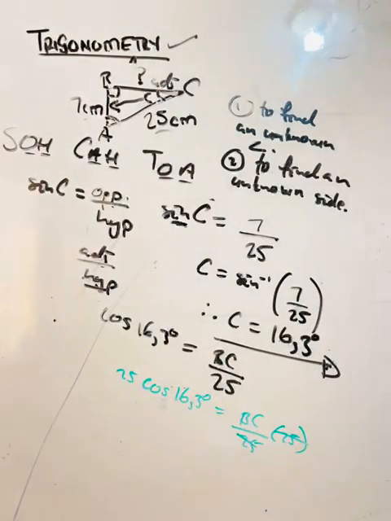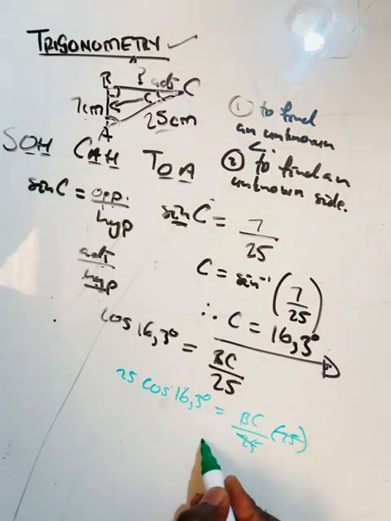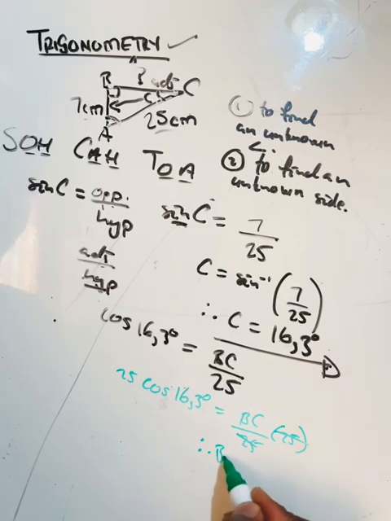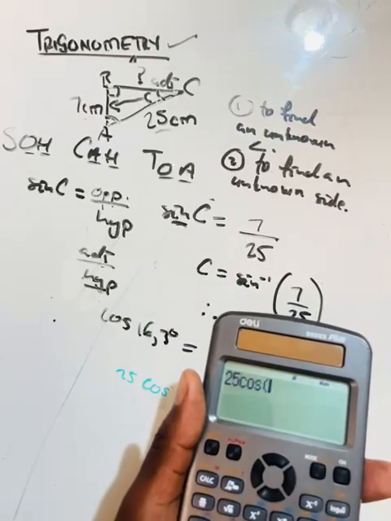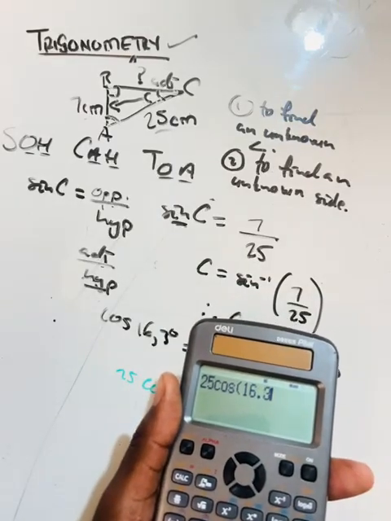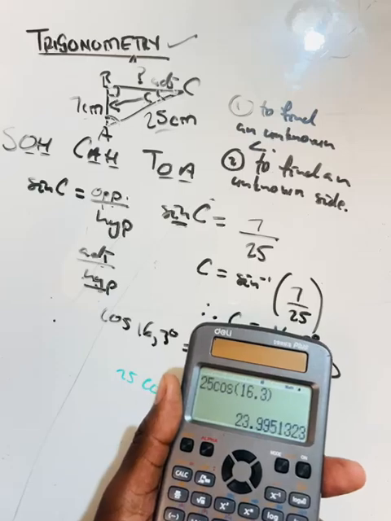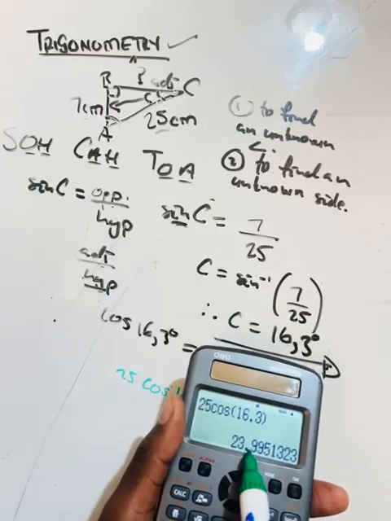I pull up my calculator and then I calculate. So I can conclude here that side BC is equal to, I go to the calculator, 25 cos 16,3 degrees, and I get 23,999.